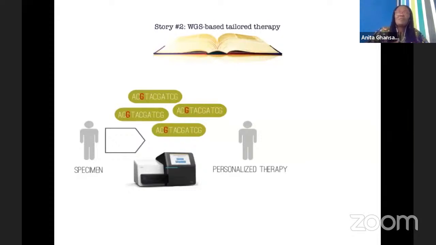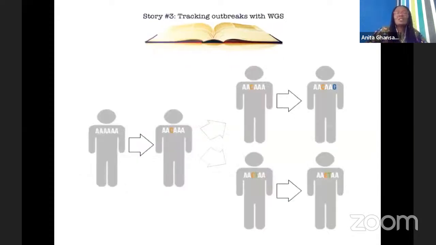So instead of picking a specimen and then doing various drug sensitivity tests, especially for TB diagnosis, and then testing various drugs to come up with which drugs the patient may respond to, we want to get to a point where we can sequence the person's genome, align these sequences, and have algorithms ready that will link your sequence types to the drugs that one would need. So basically personalizing therapy.